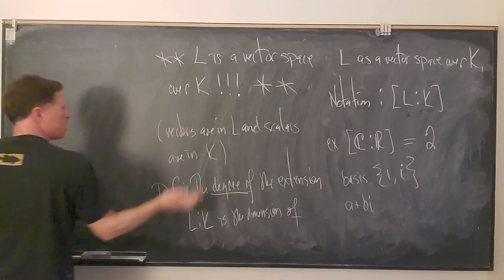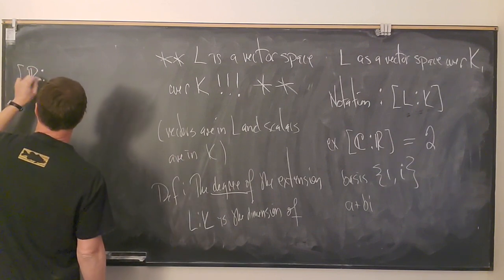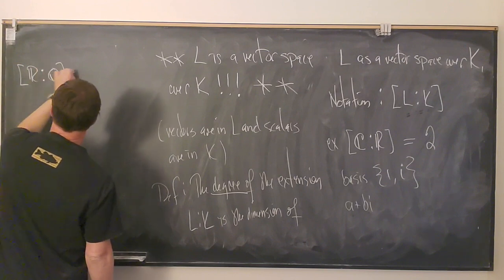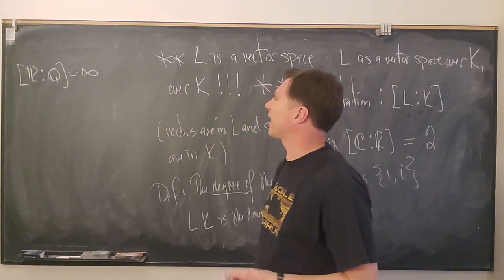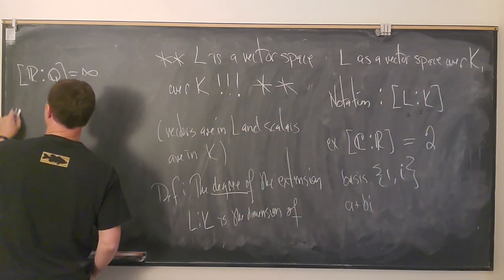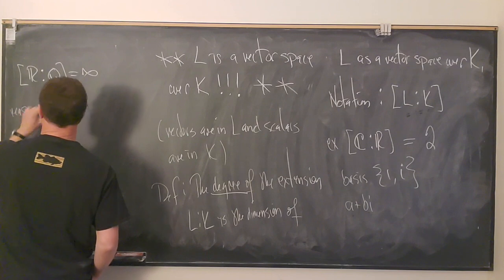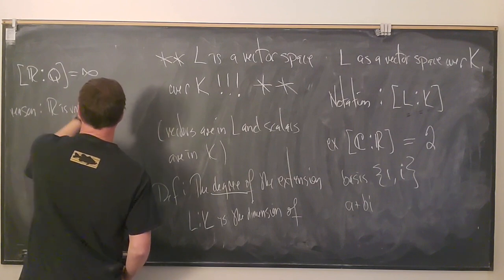Another example, continuing on this example, R over Q: the degree of this extension is infinite. Why is that? Well, it's really a countability thing. The reason is that R is uncountable.